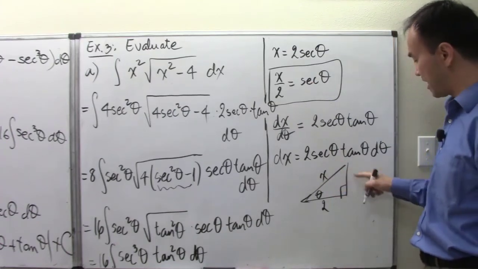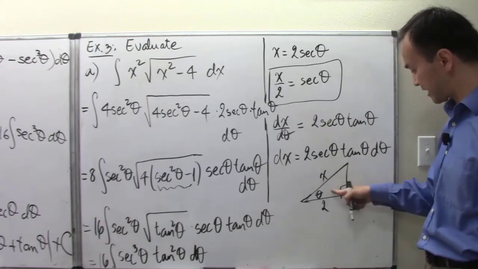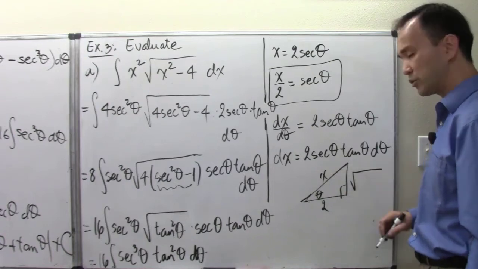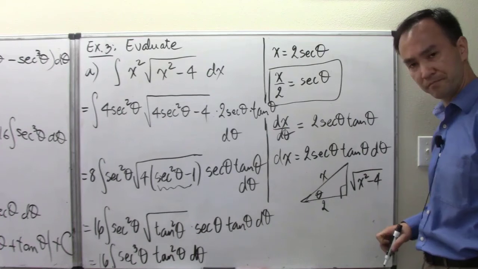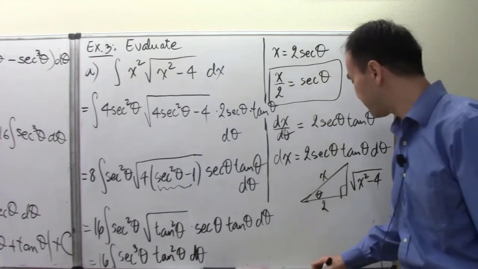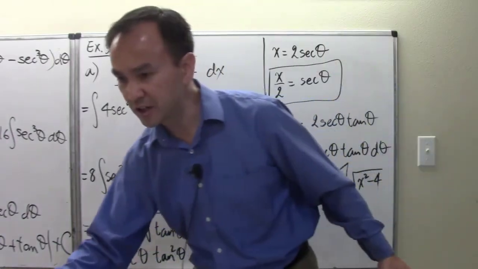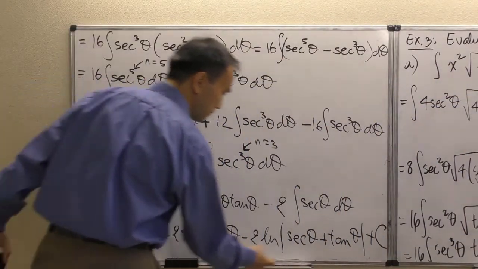So in that way, my other length right here, the side that's opposite from the angle theta, is going to be, according to the Pythagorean theorem, the square root of x squared minus 4. Because eventually we have to deal with a lot of tangents. Our current final answer for the antiderivative involves a massive amount of tangent.